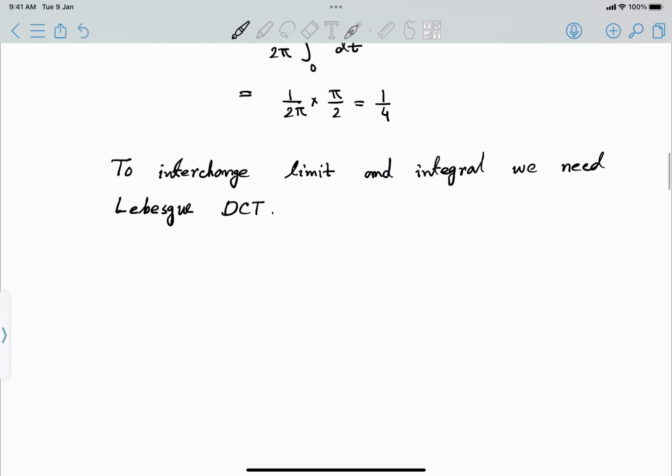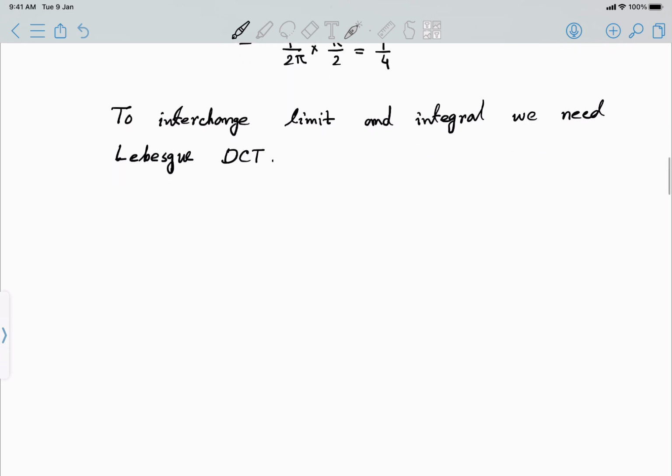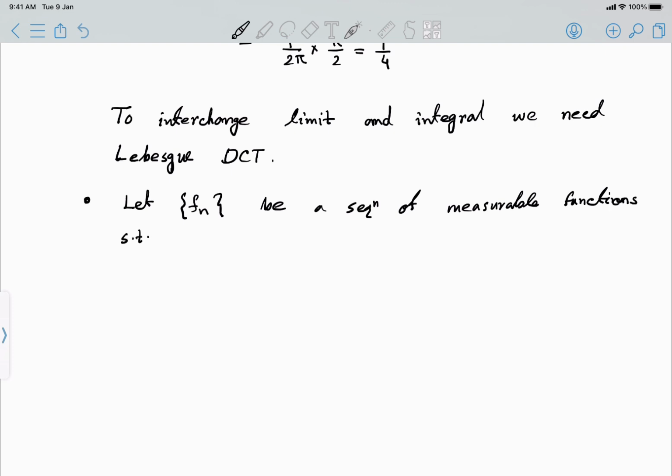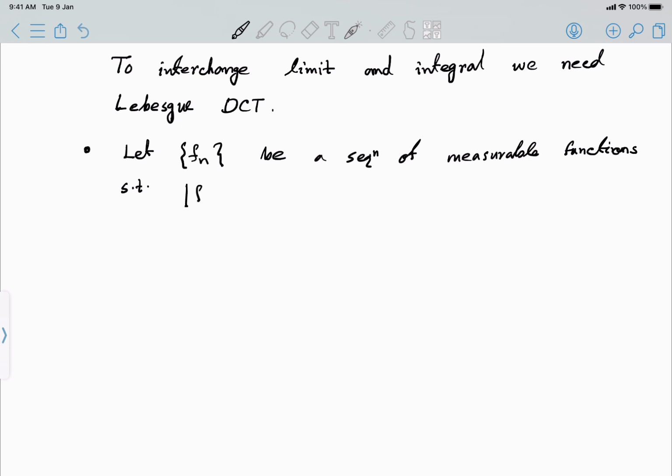So what it is saying is that let fn be a sequence of measurable functions such that each fn you can dominate by some h, and the integral of h is finite.